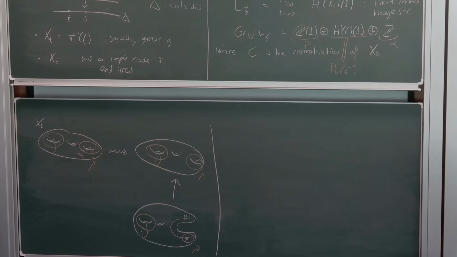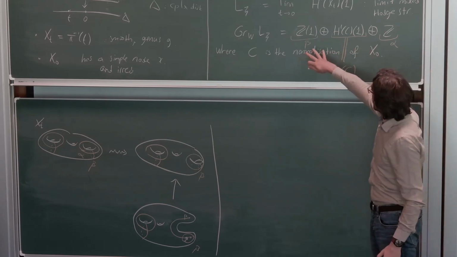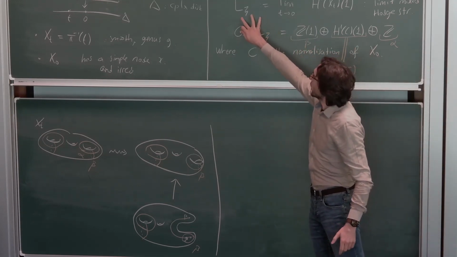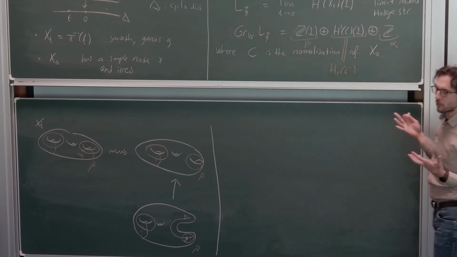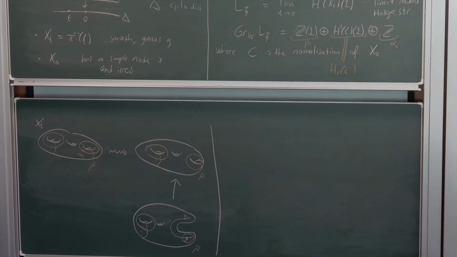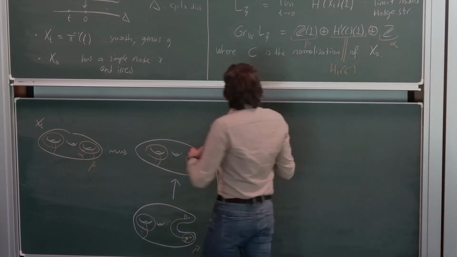Okay, so now the periods of the curve, so sort of its Hodge structure, carries a lot of information, most of which is known, and one part of it was not known.